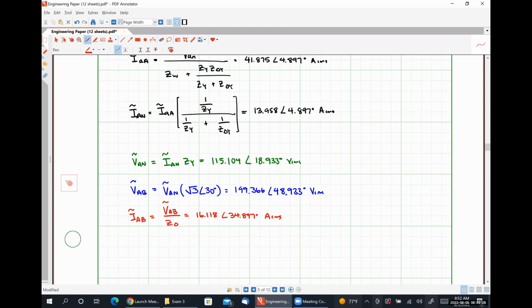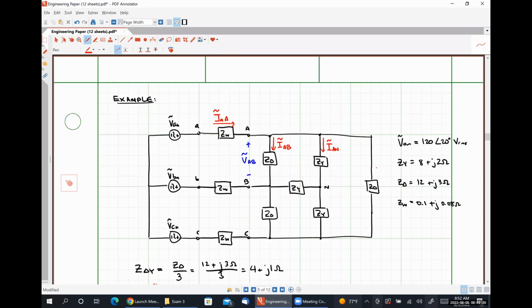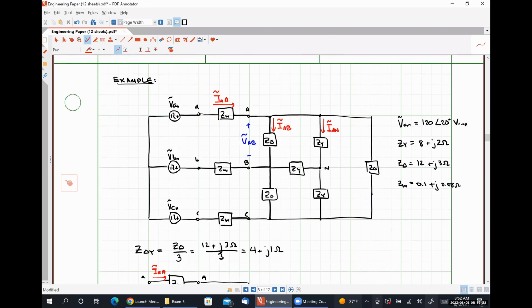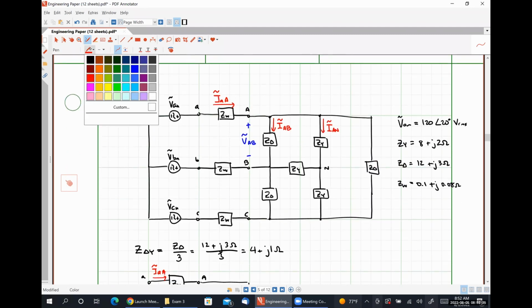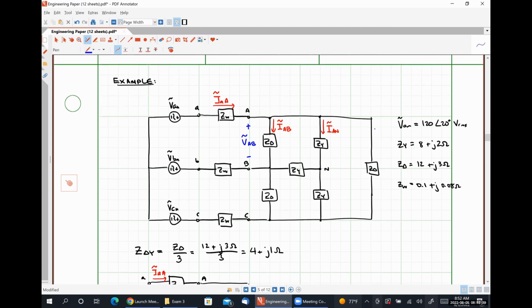Let's look at a slightly different way. Okay. We are going to have a phase current ICA that's flowing up into this node.